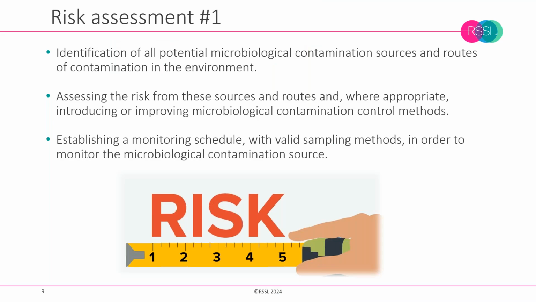The other important thing, in keeping with what Annex 1 is seeking, is that environmental monitoring needs to be risk-based, and we need to use appropriate risk tools. For environmental monitoring sample site selection, a useful risk tool in my mind is the hazard analysis and critical control point, or HACCP approach.